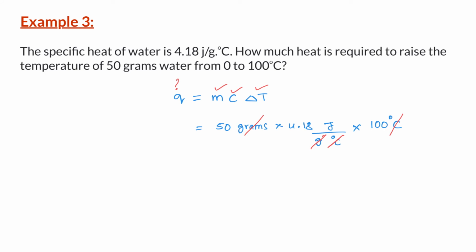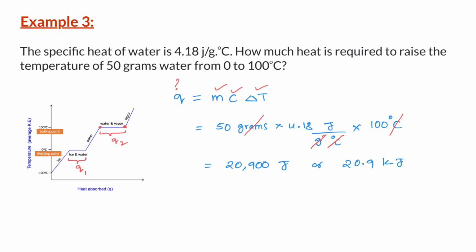If we do the math, we get 20,900 joules or 20.9 kilojoules. If we visualize this on the heating curve, we calculated the amount of heat required to convert 50 grams of water at 0 degrees Celsius to 50 grams of water at 100 degrees Celsius.